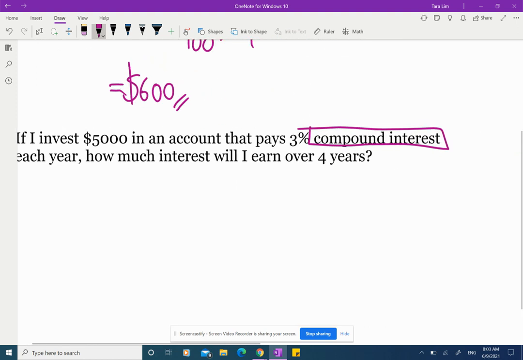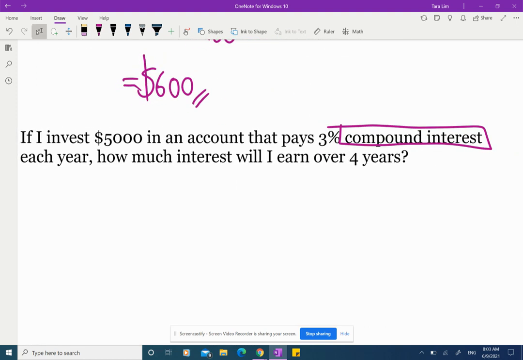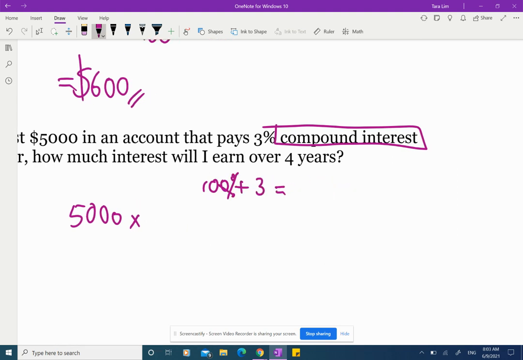Now the compound interest, 5,000, we have to times 3%. So again, this time it says 3%, we have to put it as 1.03 because 100 plus 3% is 1.03.